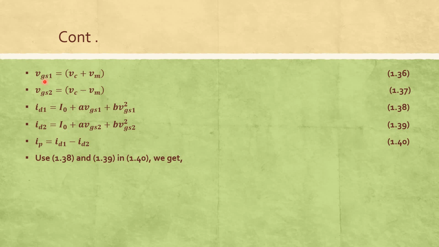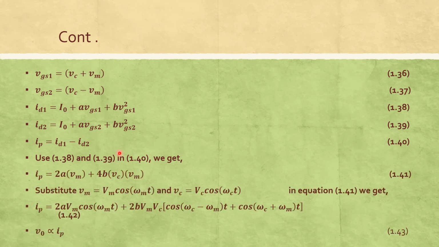So here V_GS1 is equal to V_c plus V_m and V_GS2 is equal to V_c minus V_m. You know the drain current formula: I_D1 equals I_0 plus A V_GS1 plus B V_GS1 squared. In a similar manner for I_D2. In these two equations we can substitute V_GS1 and V_GS2, and the difference between these two currents, the net effect, will obviously be a double sideband suppressed carrier signal only.